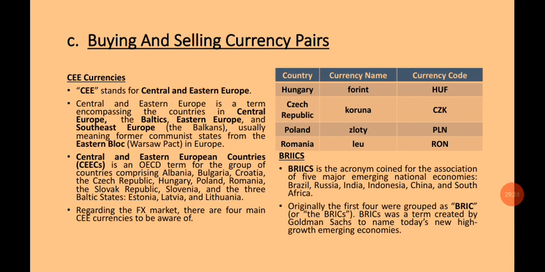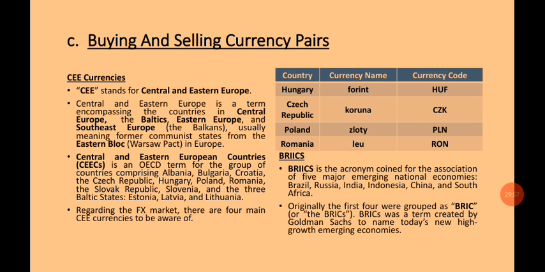The BRICS is the acronym coined for the association of five major emerging national economies: Brazil, Russia, India, China, and South Africa. Originally, the first four were grouped as BRIC.